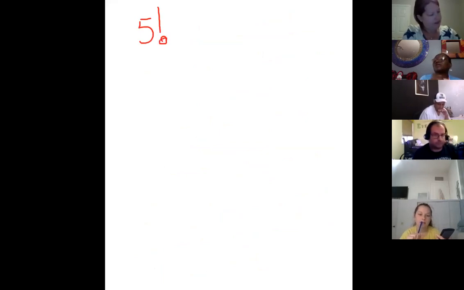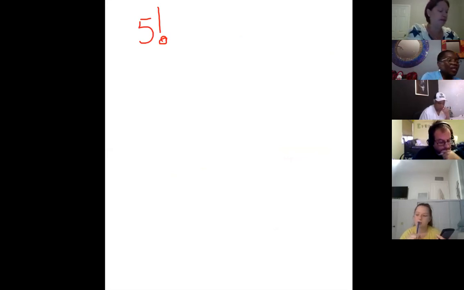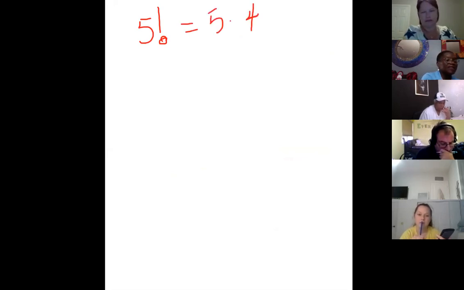We can rewrite it like this: 5 factorial. By putting that exclamation mark at the end, it is understood that you're going to take 5 and multiply it by each of the successive digits, and then you will get your answer.